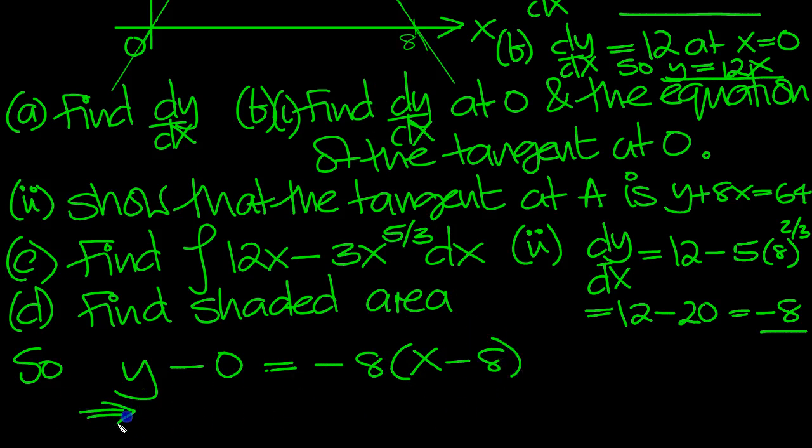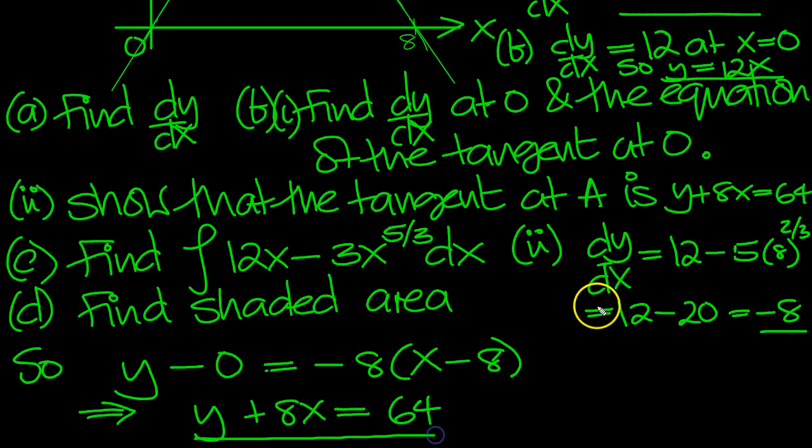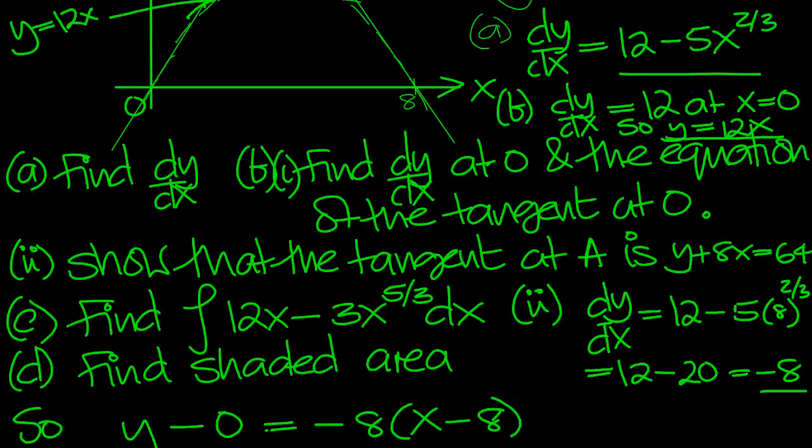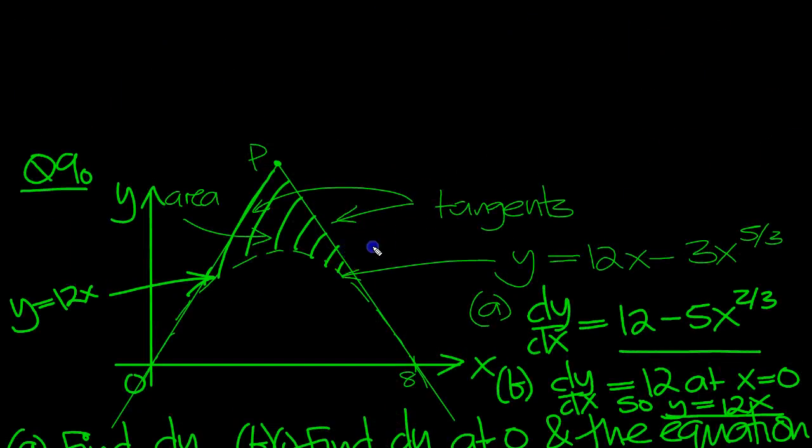So that tells us y, and this minus 8x we can take over the other side, so plus 8x is equal to, and then the minus 8 times minus 8 will give us the 64, which is what we wanted to show. So that's the two tangents then. I'm going to put that in the diagram as well: y plus 8x equals 64.